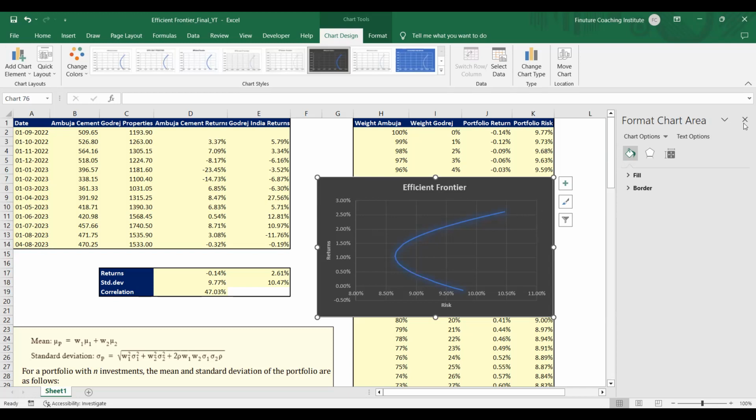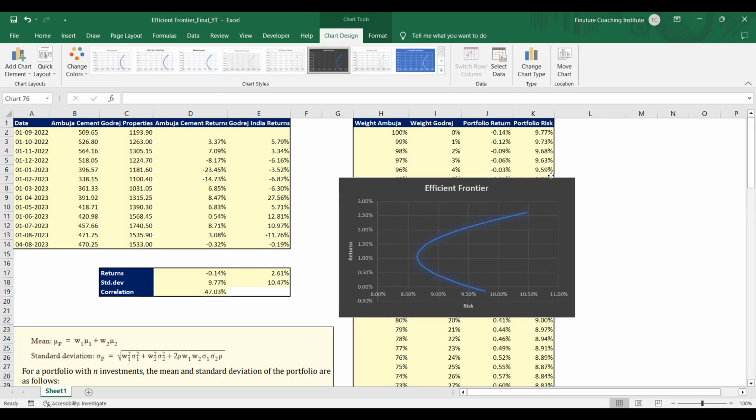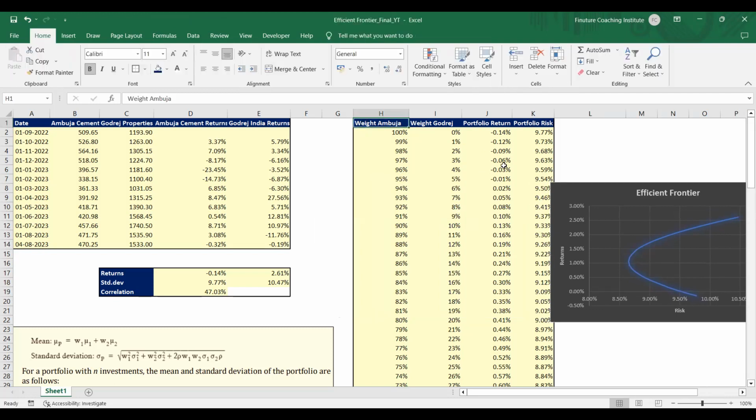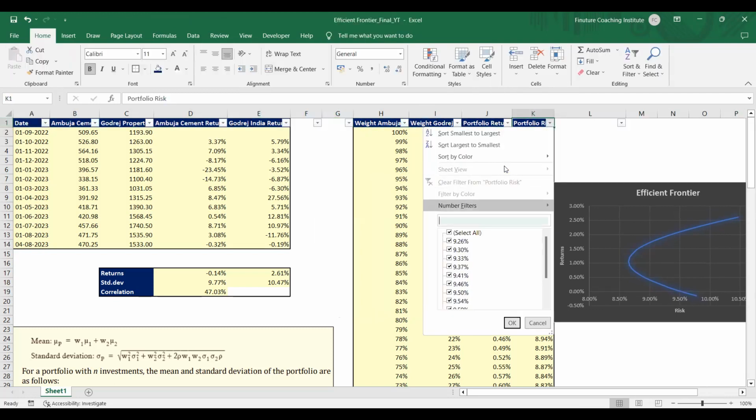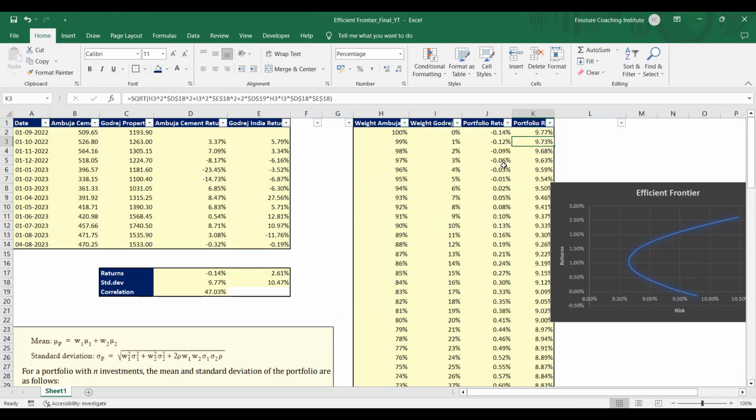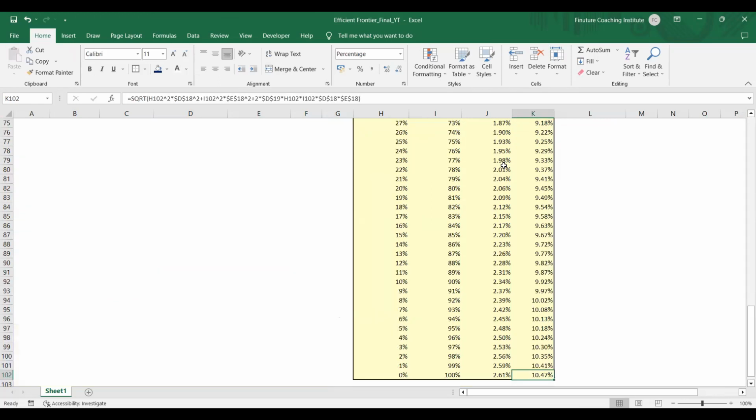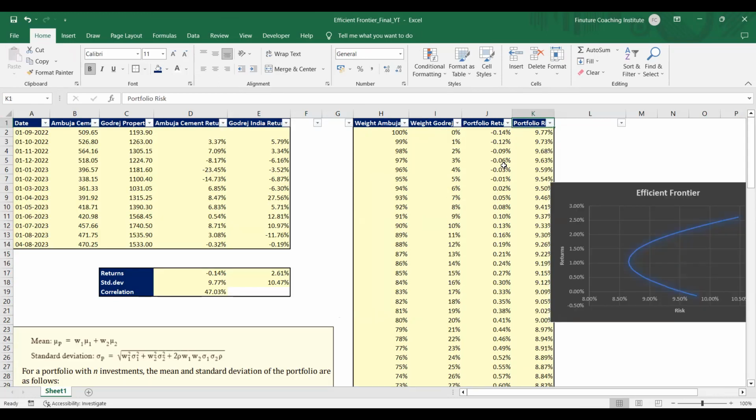We can verify it in the data also. So the efficient one would be the one which is at, let me just verify. I think I noticed that there were two portfolios at 8.66. Why is it showing an error? Something wrong. Let me have a look.